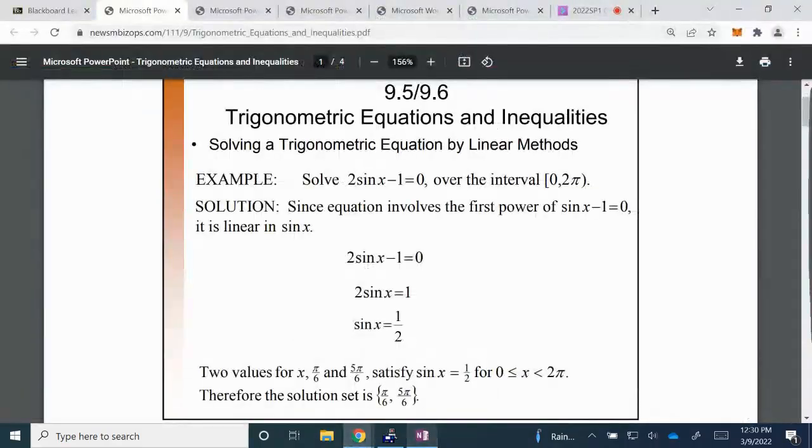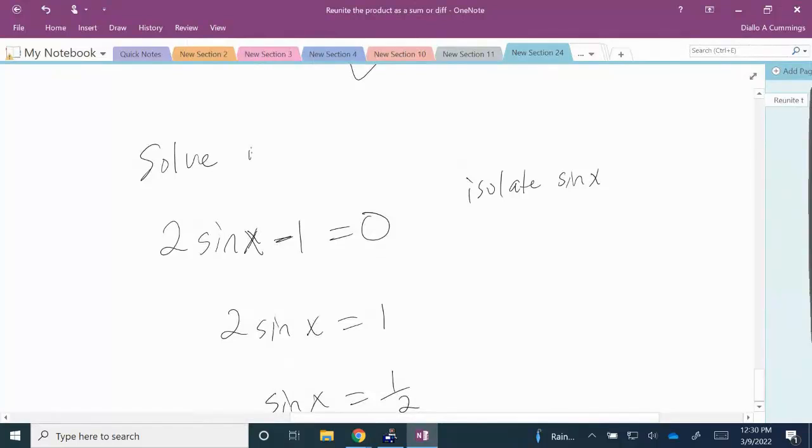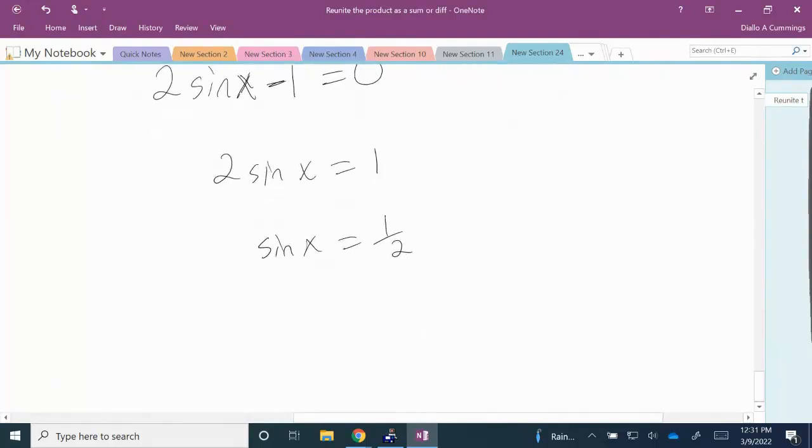So now there's something in the directions that is very important. It says solve 2 sine x minus 1 is equal to 0 over the interval from 0 to 2 pi. So solve in the interval from 0 to 2 pi, right? So what does that mean?